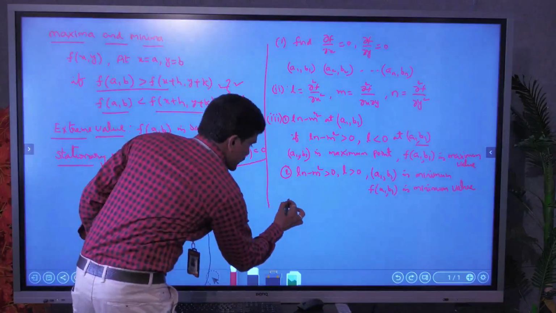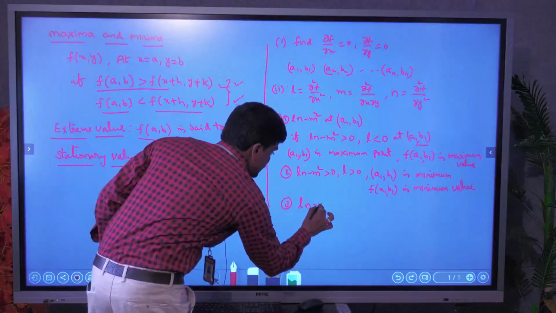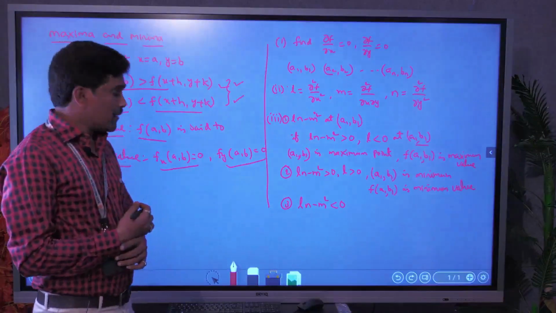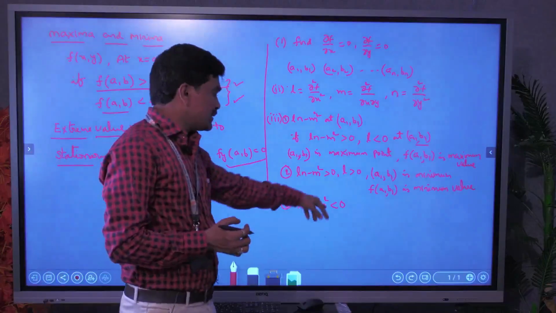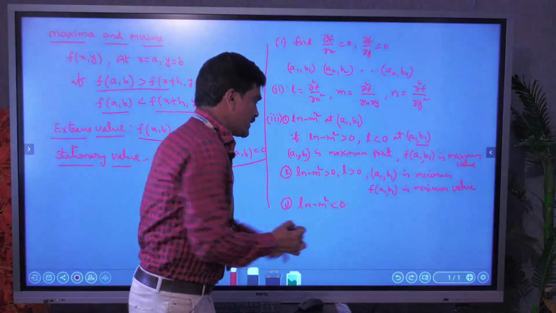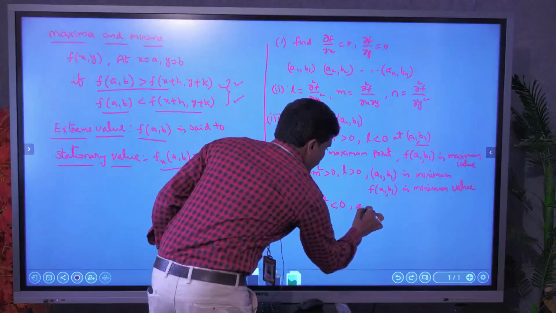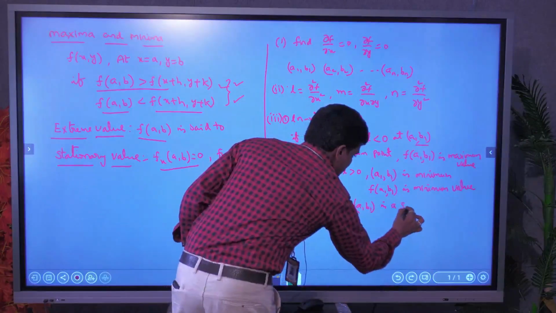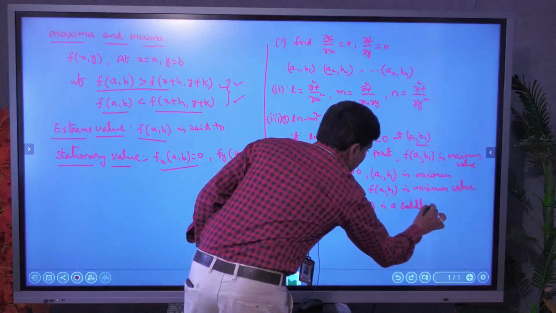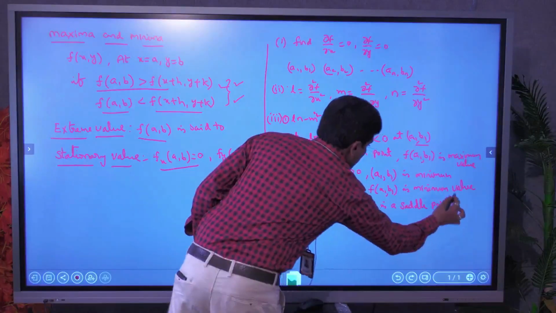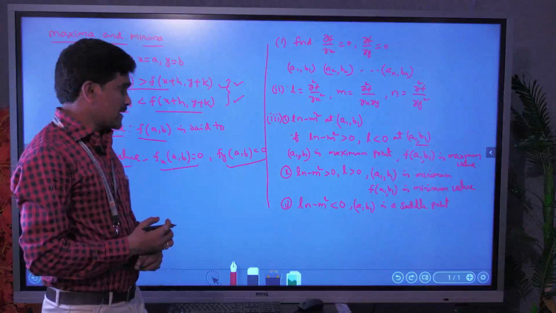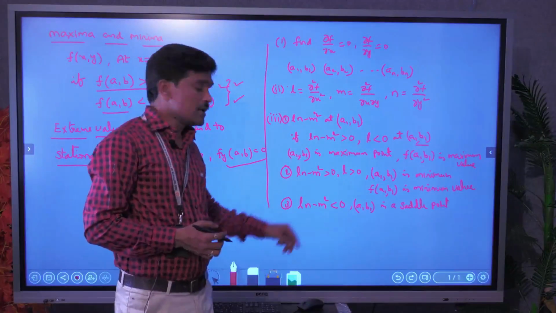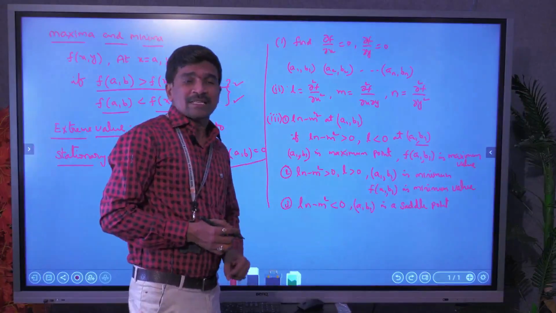Now the third case is ln minus m square is less than 0. Then here the point a1 b1 is a saddle point. When ln minus m square is less than 0 at the point a1 b1, then the point a1 b1 is a saddle point.